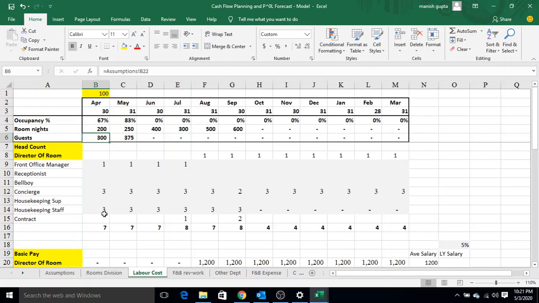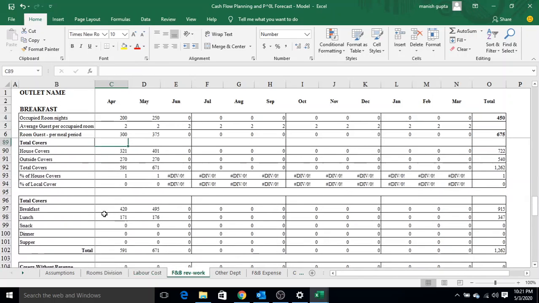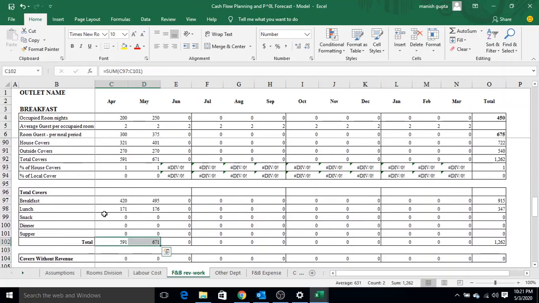How are you going to get the number of guests who are going to be served? You will get it from your F&B workings. Here you will see the total number of covers. These are your guests served in that particular hotel in that particular month. So you will use this number. If, let's say, you are serving 5 customers per person, divide by 5, divide by 25 working days, so you will be needing 5 people.